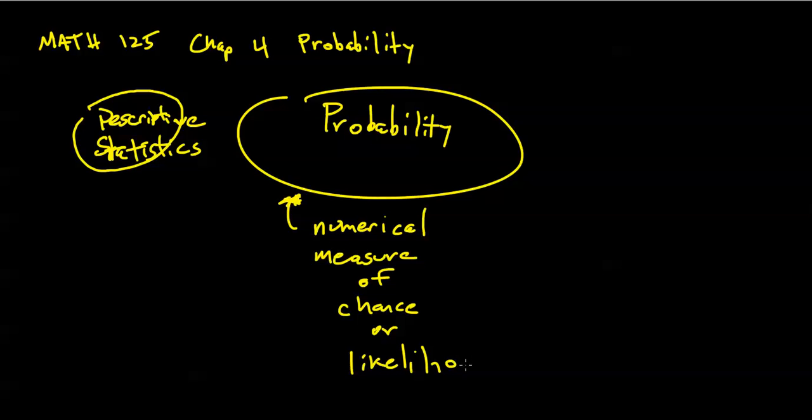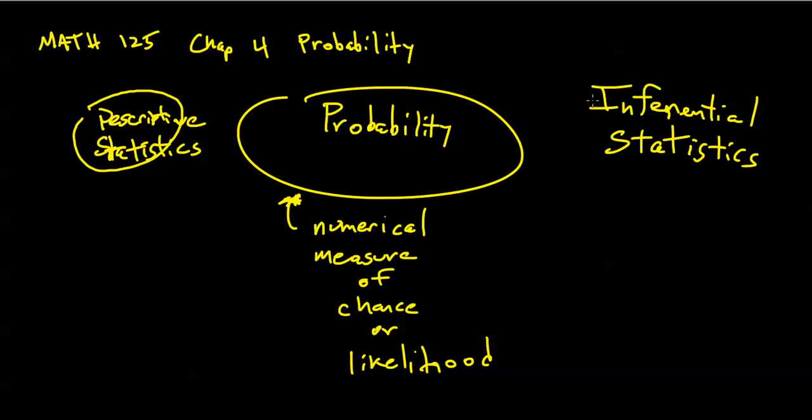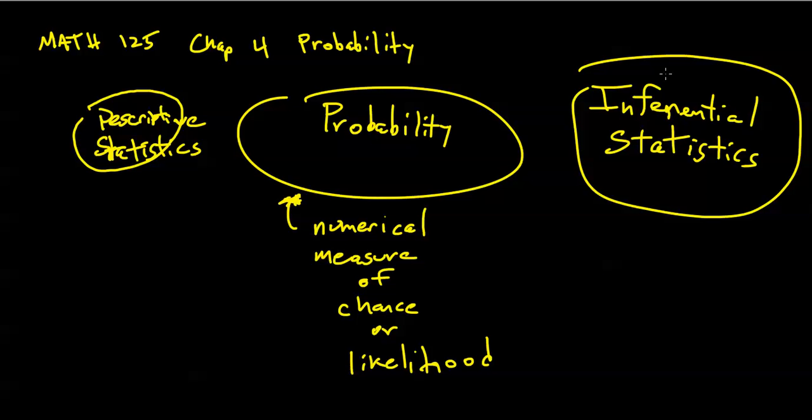We'll be able to actually tack numbers onto the likelihood of an event happening or not. And let's keep an eye on where we're going. Eventually, we want to go to inferential statistics, where we make inferences about populations based on data from samples.